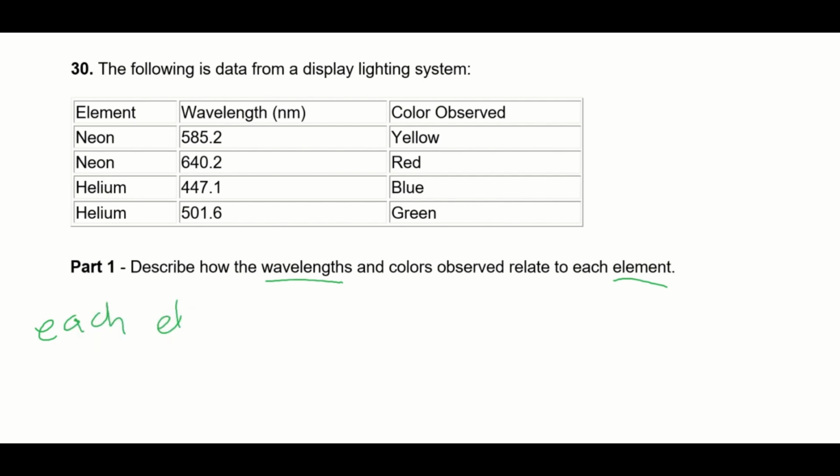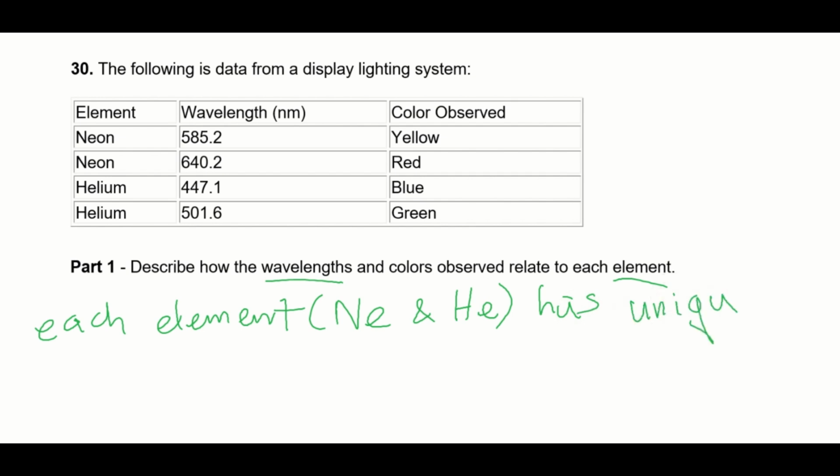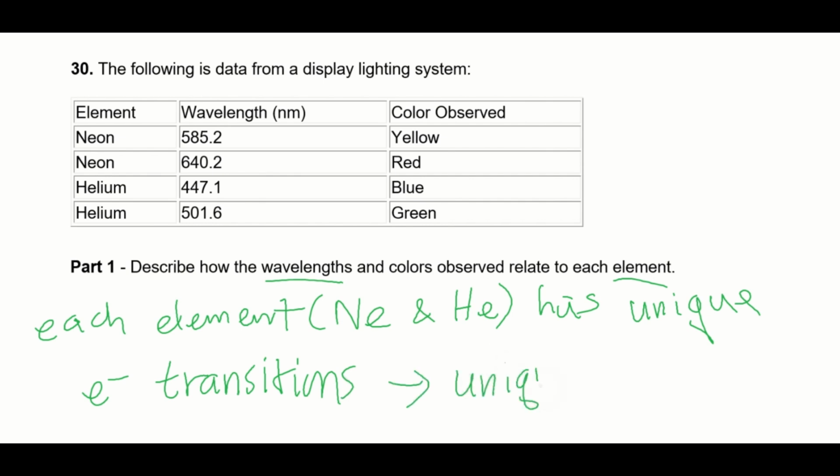Each element, okay, neon in this case, and helium, has unique electronic transitions, which produce unique wavelengths and frequencies and colors.